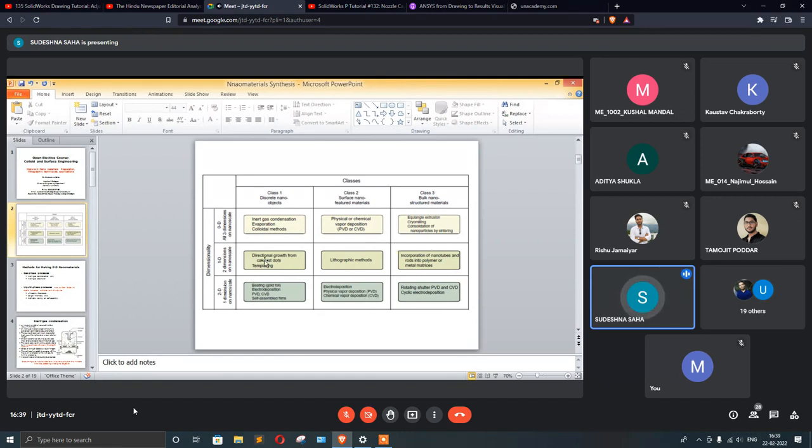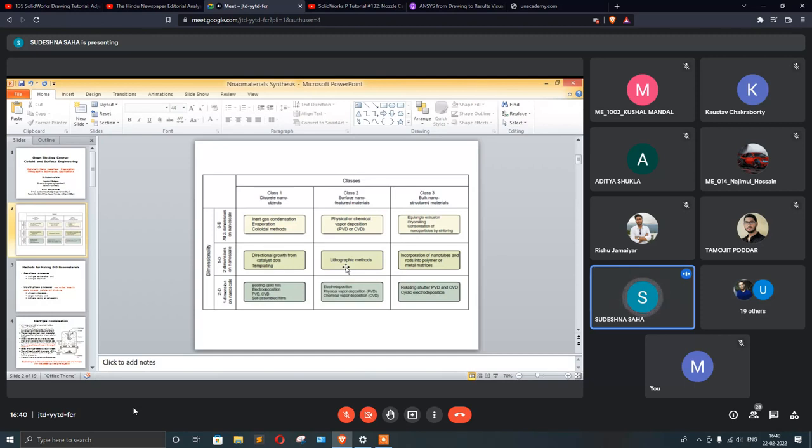For 1D, it's mostly directional growth from catalyst dots, and templating. For class 2, we will talk about this with 1D material. This is a widely used method of making nanomaterials, namely lithographic methods.